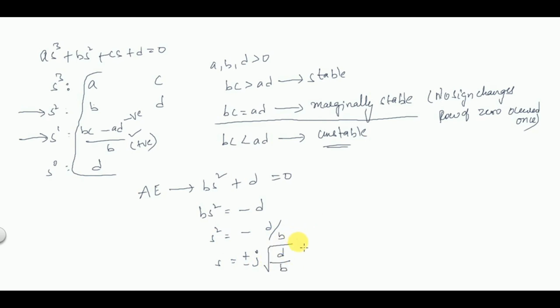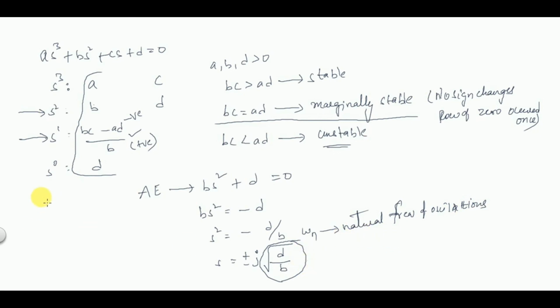So this represents the omega n here, that is the natural frequency of oscillations, because when the system is marginally stable, the output will have constant amplitude and frequency of oscillations. So this represents the frequency.